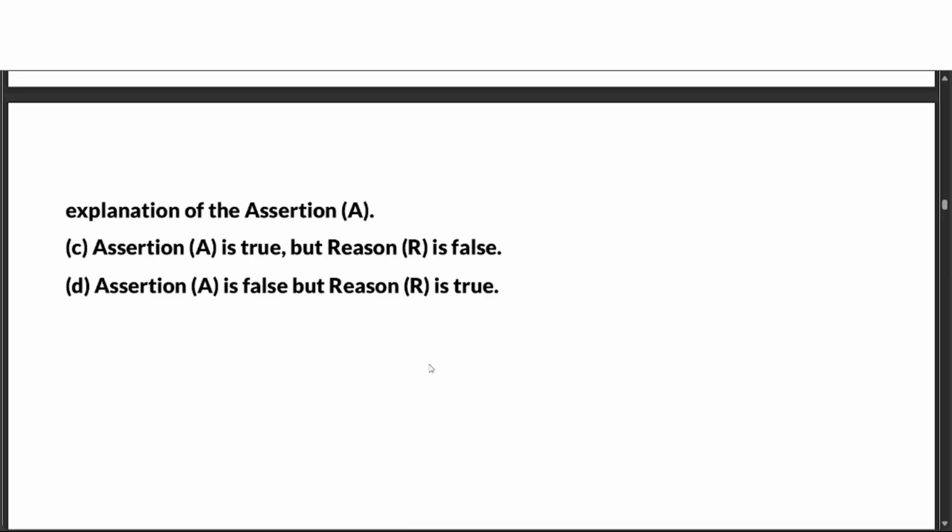To find the intersection with the y-axis, we have the equation given, 3x plus 2y is equal to 4. It is saying to find the intersection of the y-axis with the line. This is the line equation. So here we set x is equal to 0.